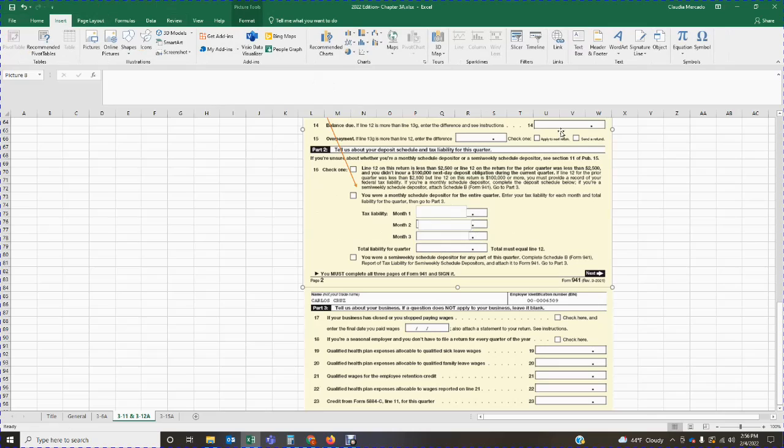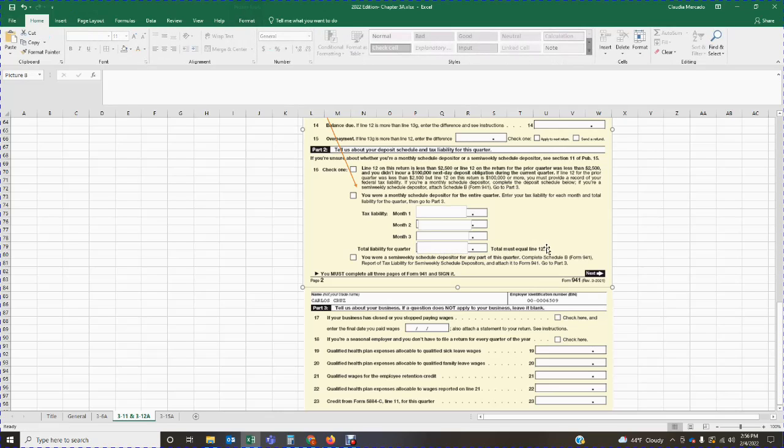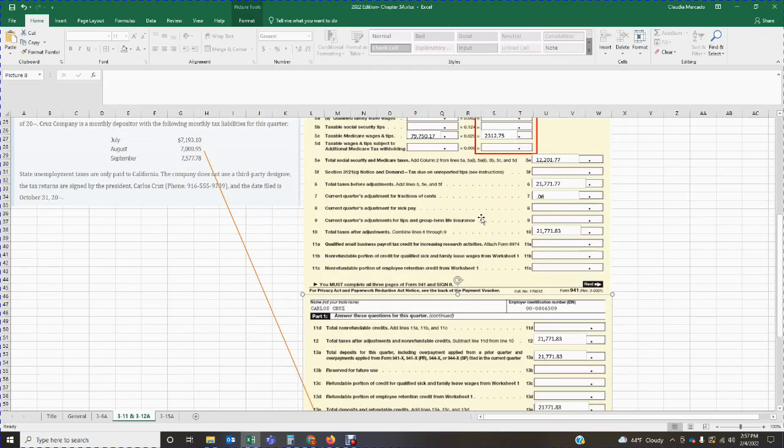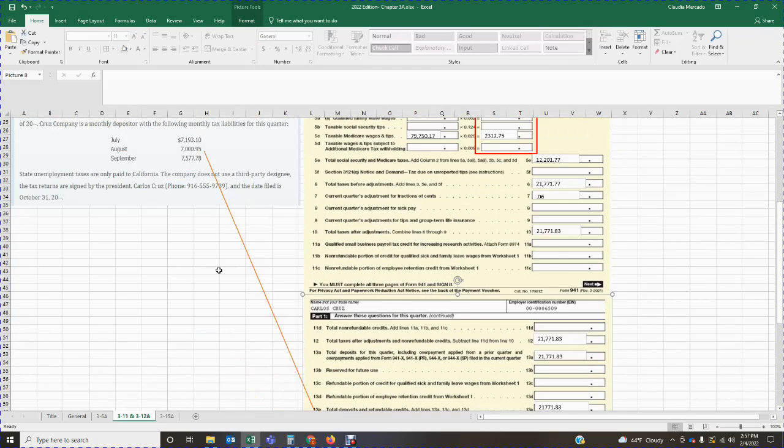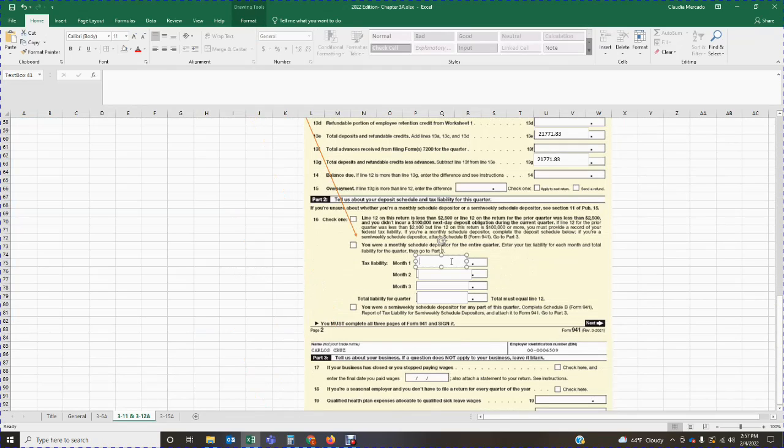Insert text box. Okay, that way we can enter the information for each of the respective months. Okay. So for month number 1, the problem says right here, month number 1 in July, 7,193.10. Okay.